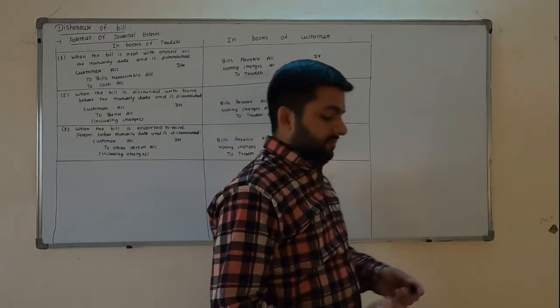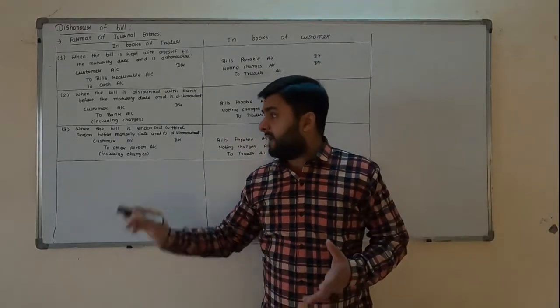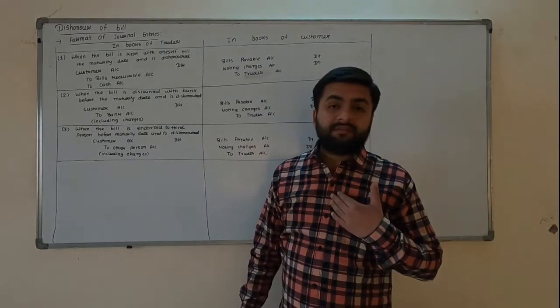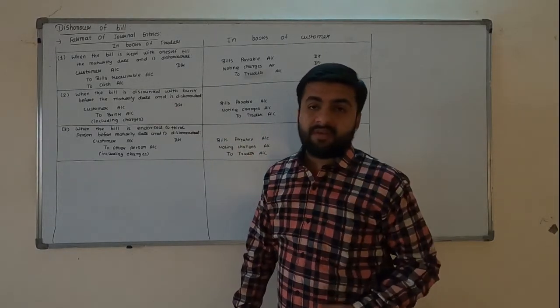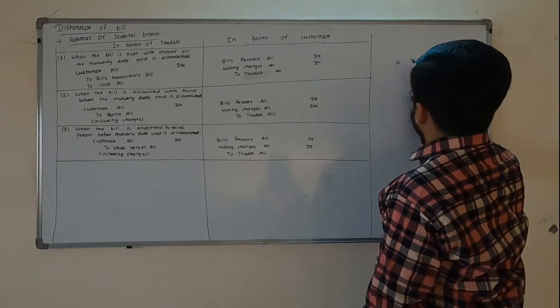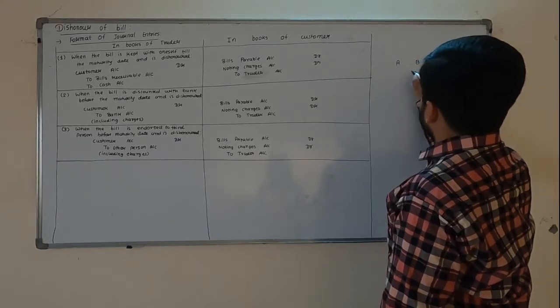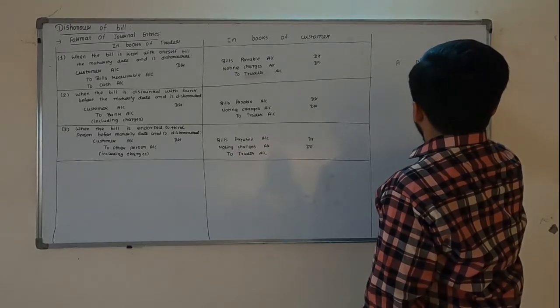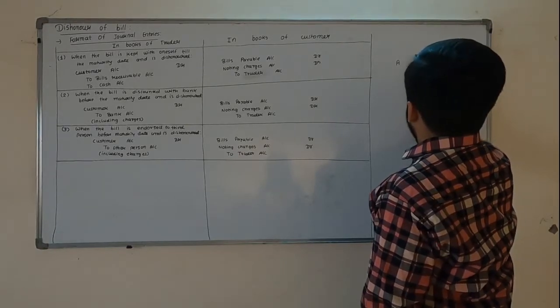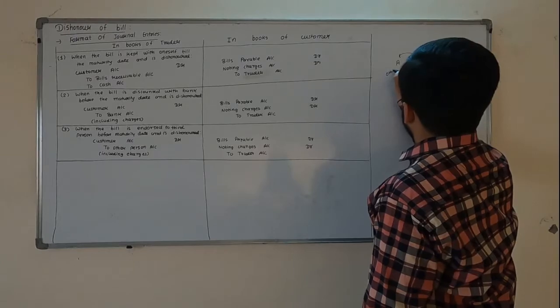Now see friends, we are endorsing our bill which we have to receive from our customer to the third person. So I will explain this with A, B and C. Here B is trader, C is customer and A is other person.